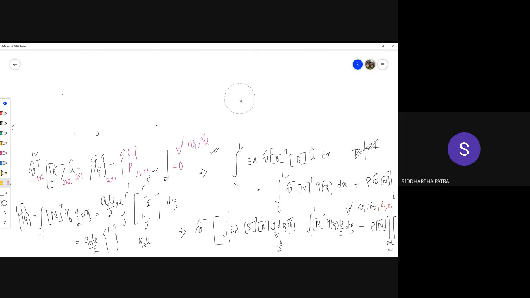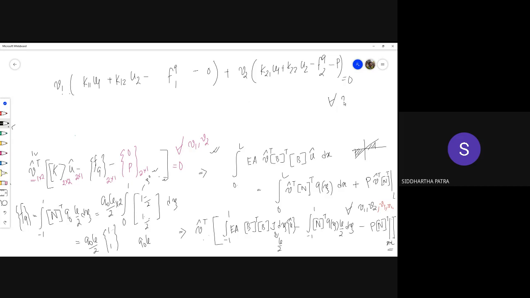what this means. It means V1 times (K11 U1 plus K12 U2 minus (F Q1 minus 0)) plus V2 times (K21 U1 plus K22 U2 minus (F Q2 minus P)) equals 0.